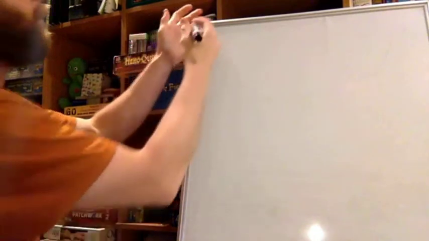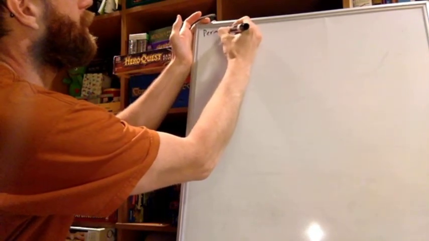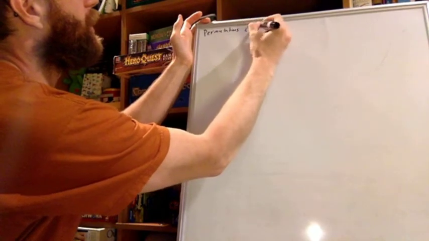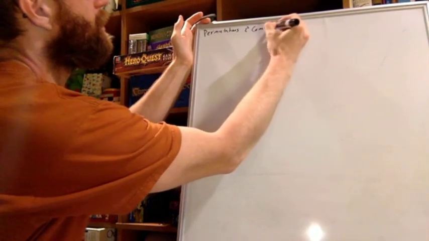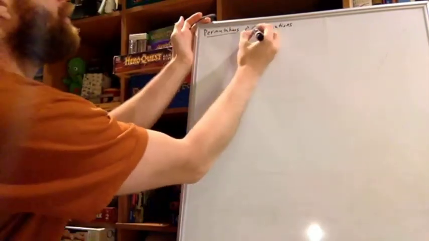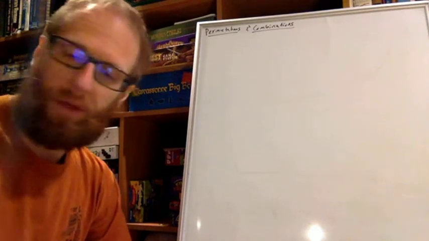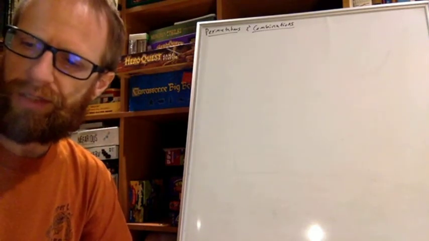And to do that, we're going to discuss permutations and combinations. Permutations and combinations are probably things that you've heard of. Maybe you've seen formulas for these in other classes.